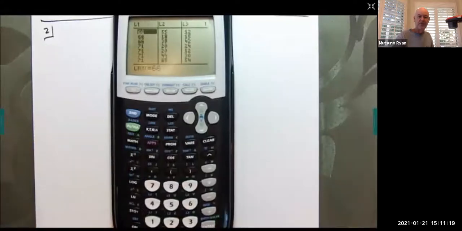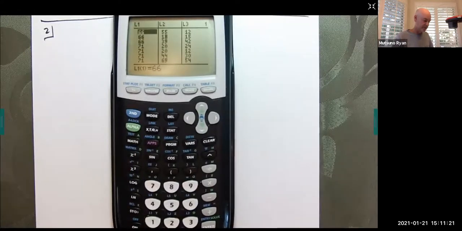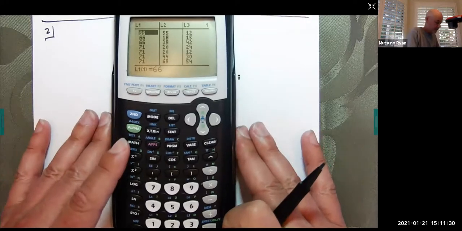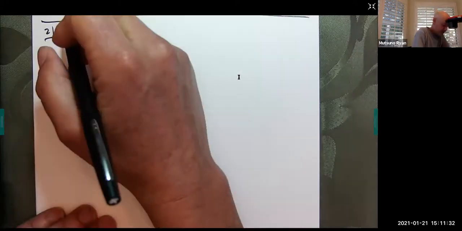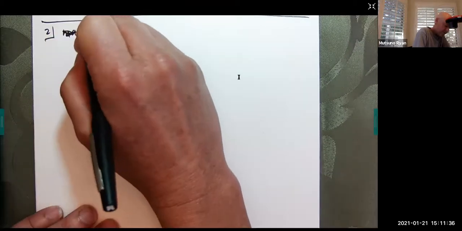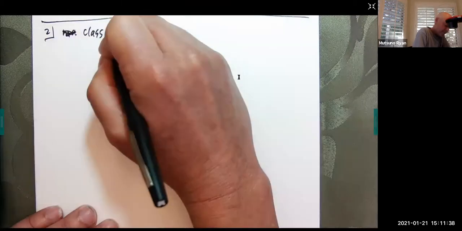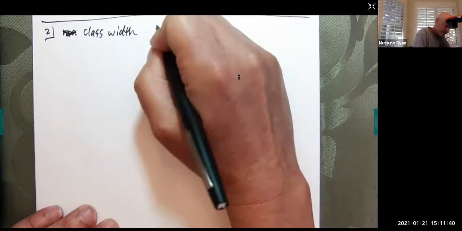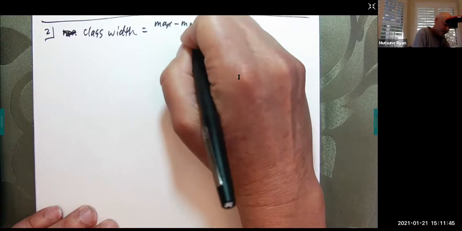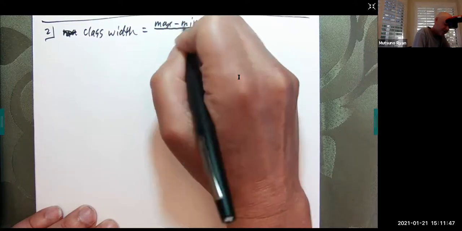And they want us to make 4 classes with this. And instead of the lower limit being 60 like they asked, I'm going to have the lower limit be 66, and we're going to make this as accurate as we can. And so if you remember, for the class width, it's the maximum value minus the minimum value divided by the number of classes.